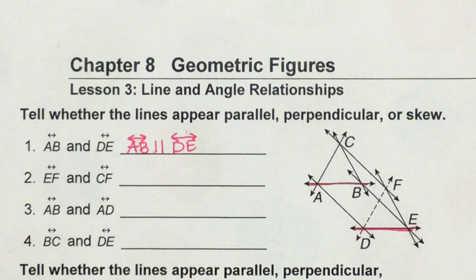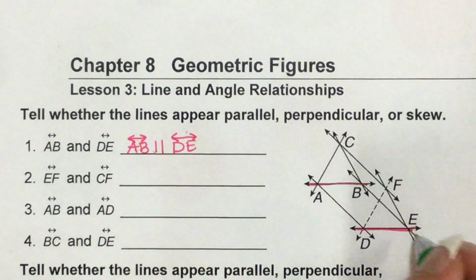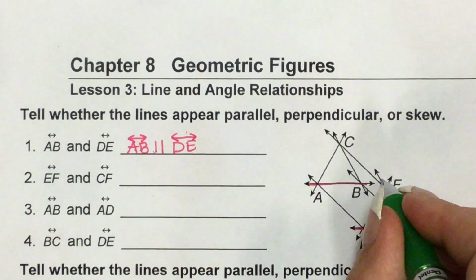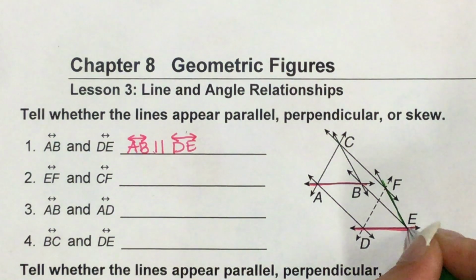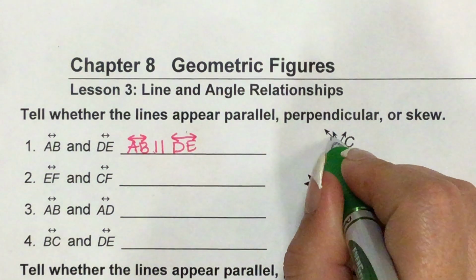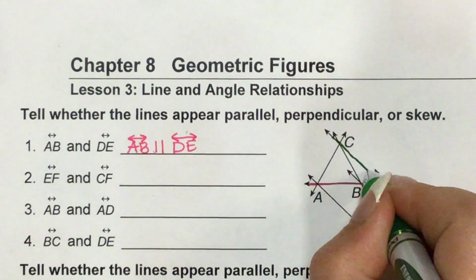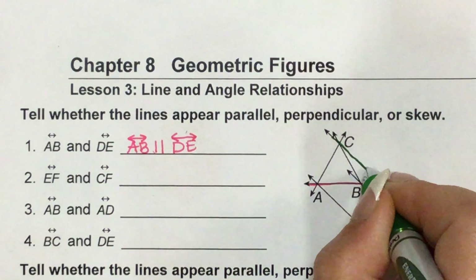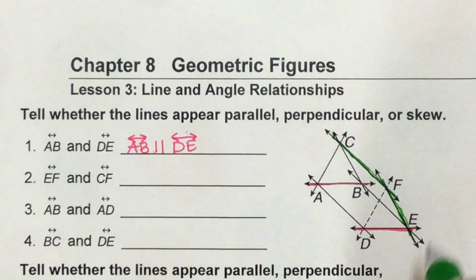Okay, the next one we're going to look at is line EF. EF is right here, this slanted line. So EF and CF. Well, they're definitely not parallel.